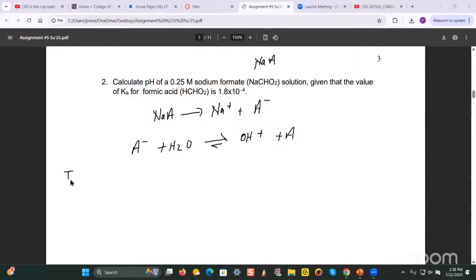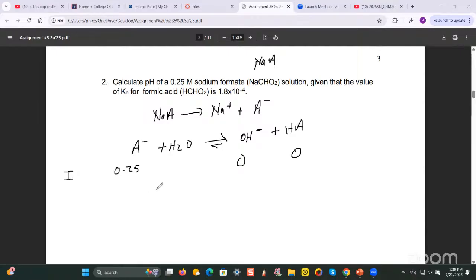So initially, we would have 0.25 M of the A minus. You'd have none of this. I need to make a correction here. This should be minus. Okay, so this would be OH minus plus HA, right?